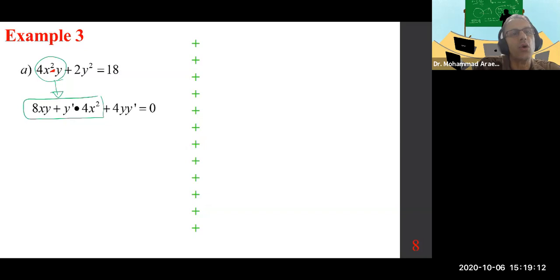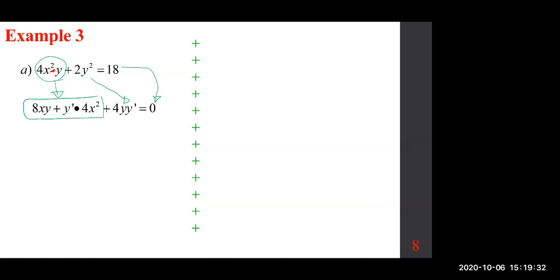Y gives us y prime times 4x squared by the product rule. 2y squared is 4y y prime. A constant results in 0. Is this making sense? Are you okay with that? Yes, that makes sense now. Thank you, Professor. Perfect. Perfect.